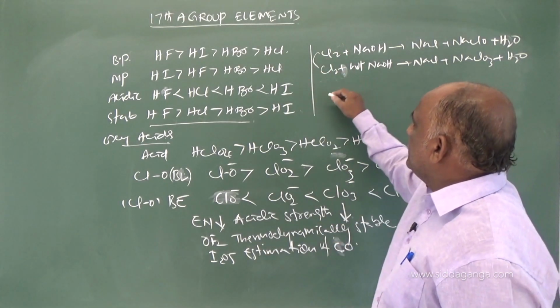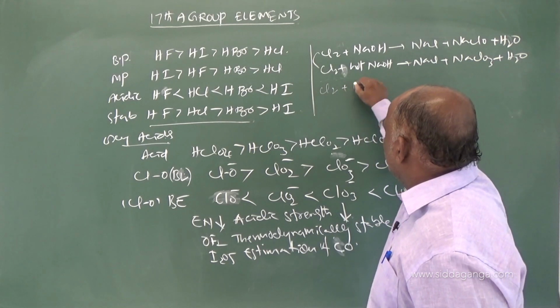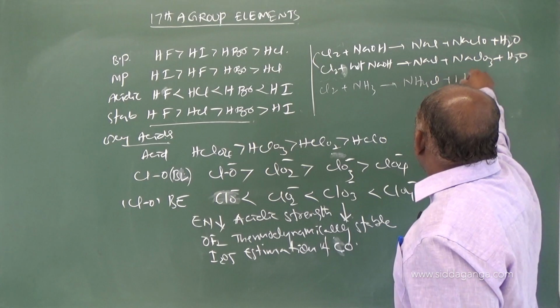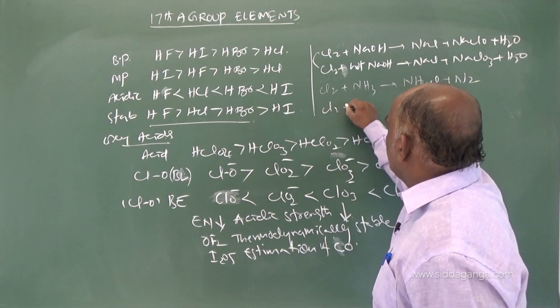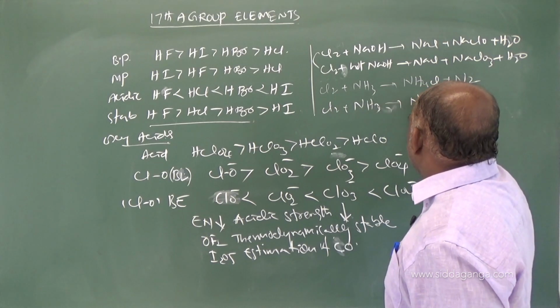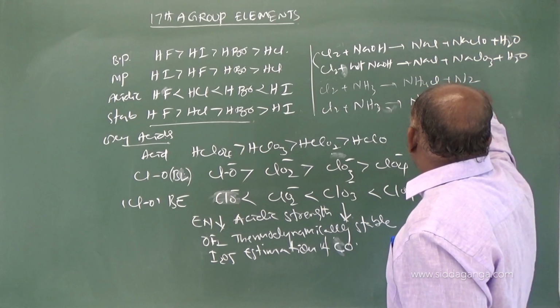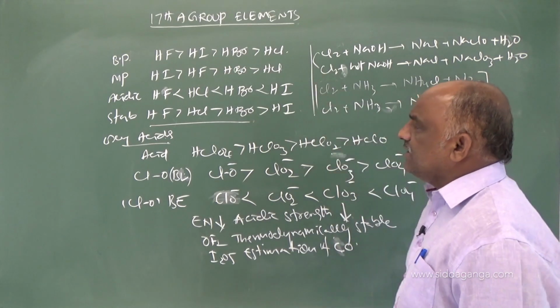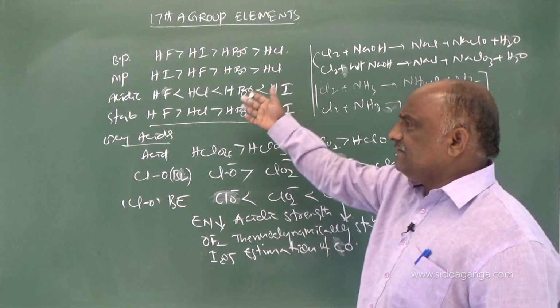And Cl2 plus excess NH3 gives rise to NH4Cl and N2, while excess Cl2 plus NH3 gives NCl3 plus HCl. We should concentrate on these reactions, very important, clear, and we should practice these orders.